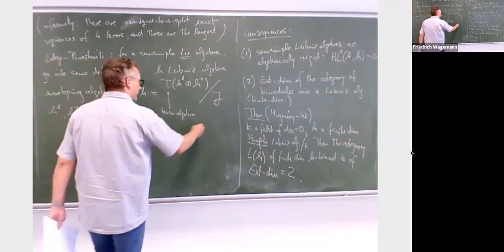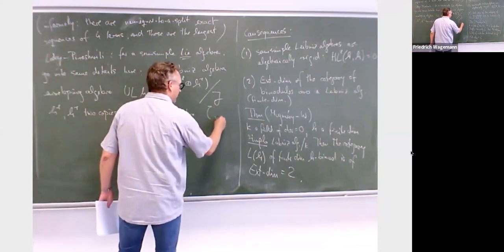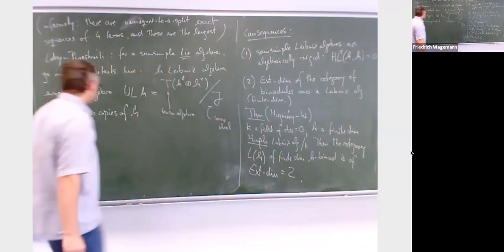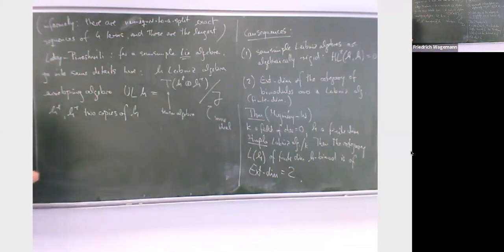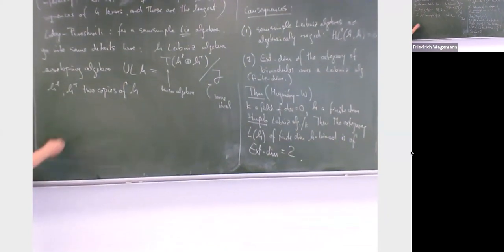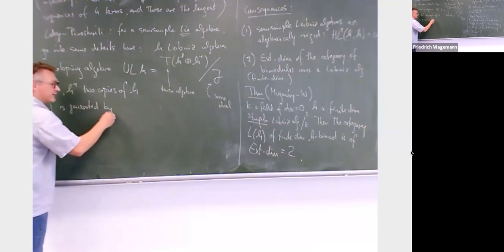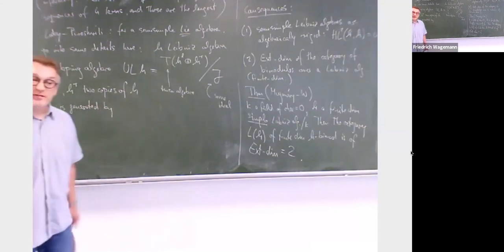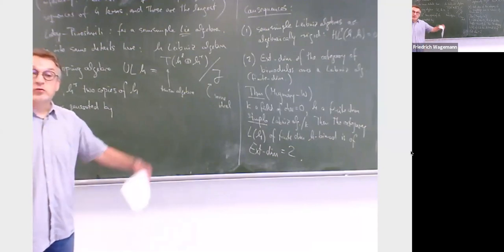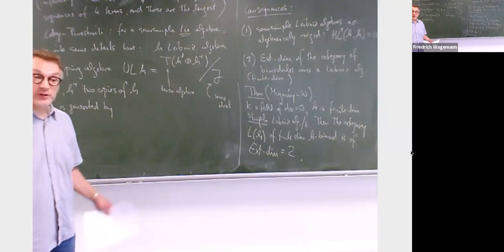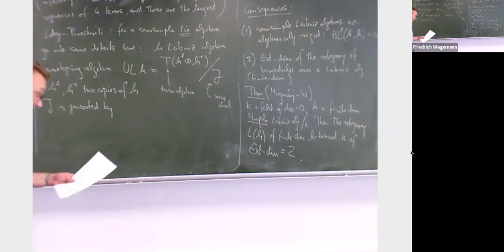And so this is some ideal, and the ideal is generated by exactly the things you impose on a module in order to be an H bimodule.